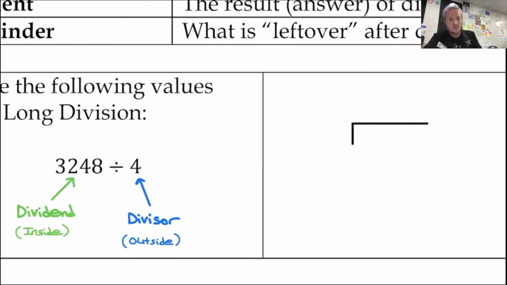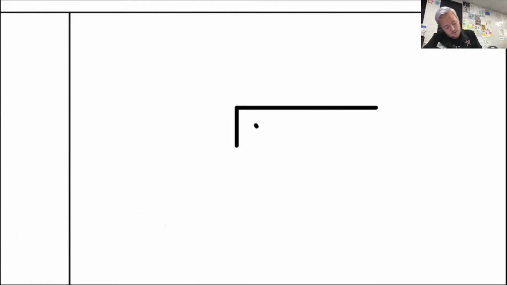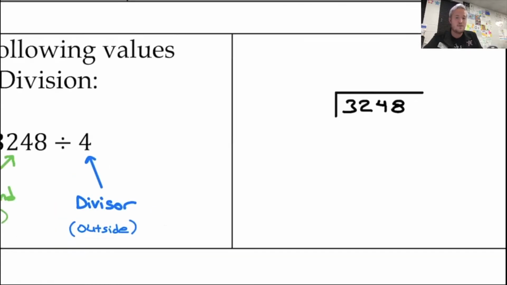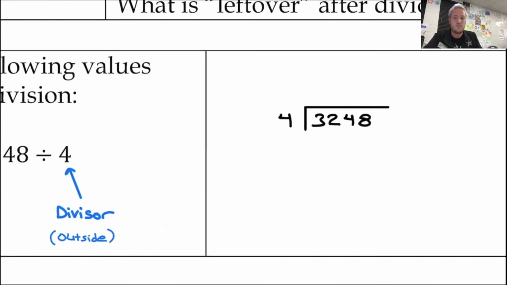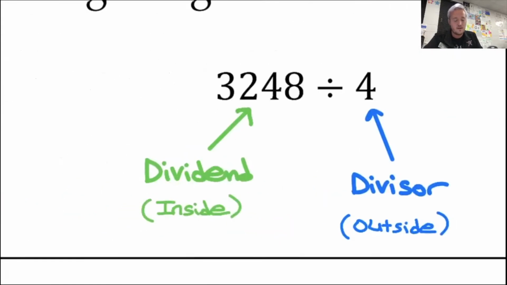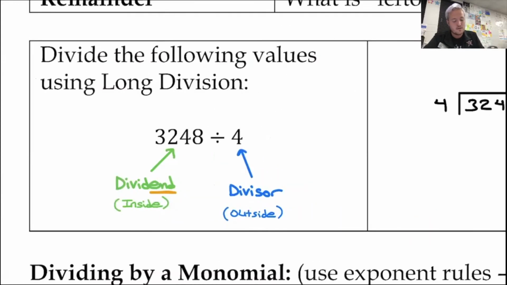So I'm going to write the 3,248 on the inside, and then I'm going to write the 4 on the outside. If you ever need help remembering, just remember the dividend is inside, dividend side. That's how I remember it.